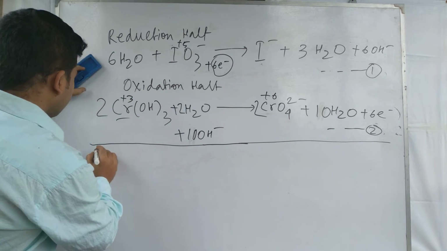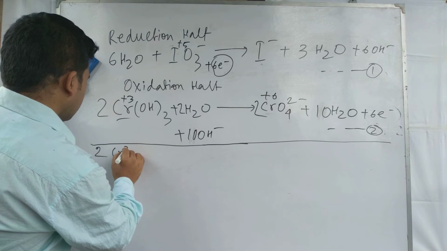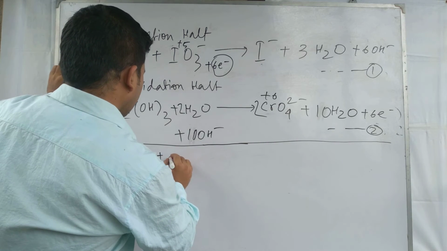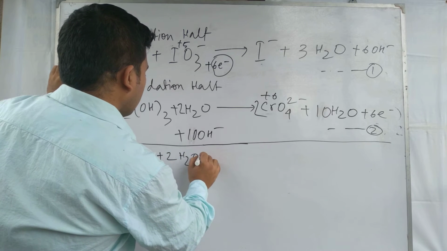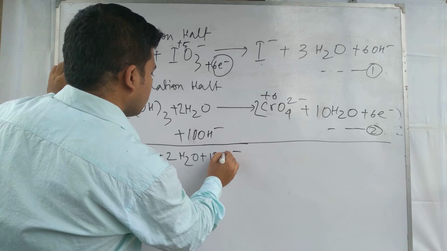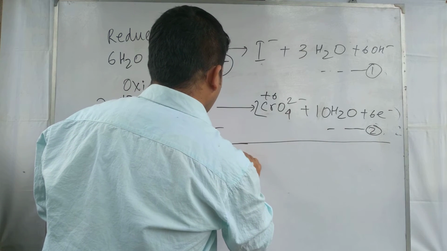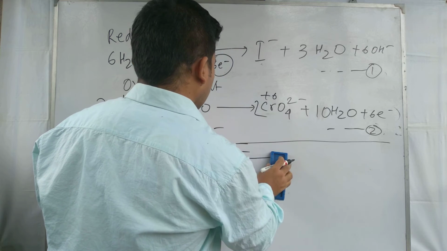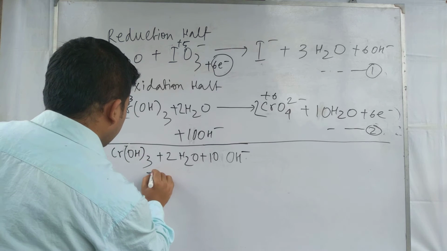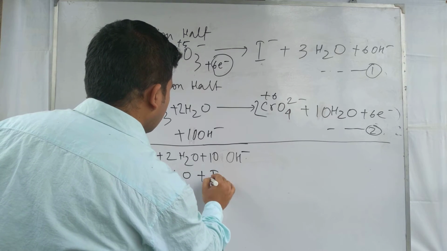Our equation is 2 Cr(OH)3 plus 2 H2O plus 10 OH minus, this is 10 OH minus, and other species are also present here. We have to write 6 H2O plus IO3 minus.